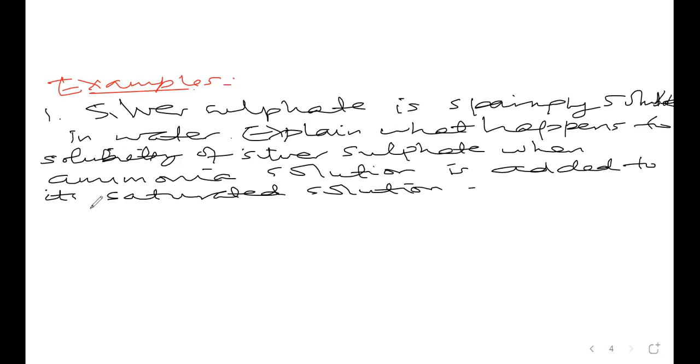Since this question is an explanation, you have to write beyond your limits such that we pick what we are interested in. Now, what does this first statement mean? Silver sulfate is sparingly soluble. This is what it means. Silver sulfate is this compound.